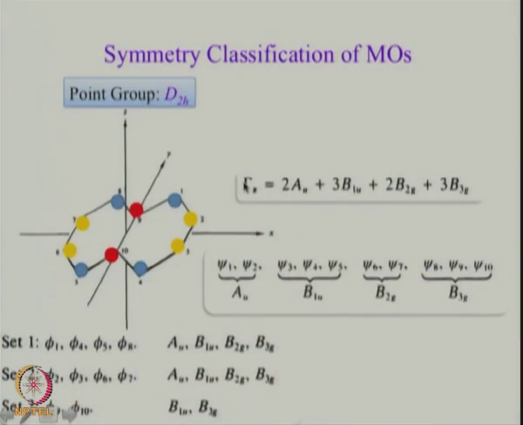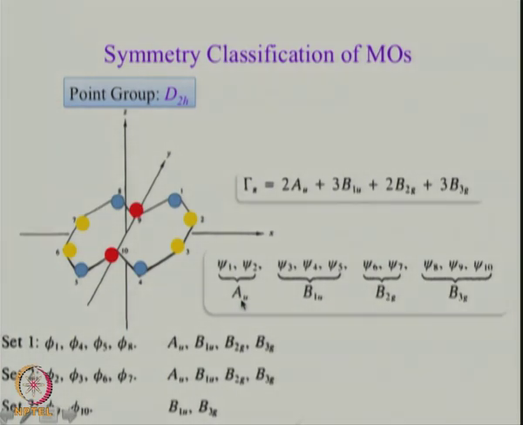Okay, welcome back after a long break. We are discussing the pi molecular orbitals of naphthalene, and what we have got so far is that we have been able to determine the symmetries of the molecular orbitals that we are going to get.